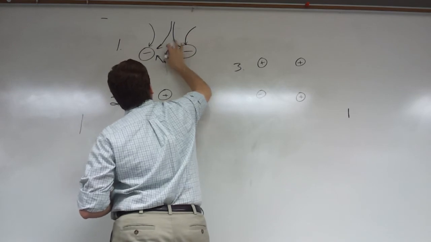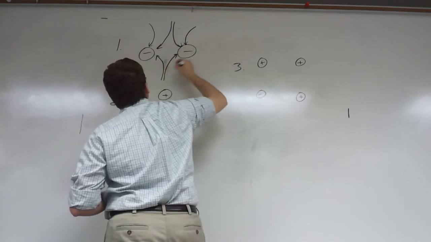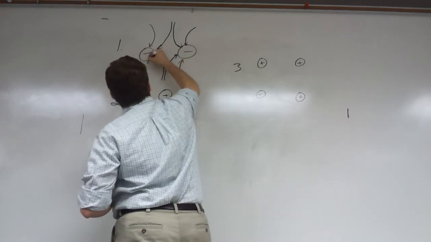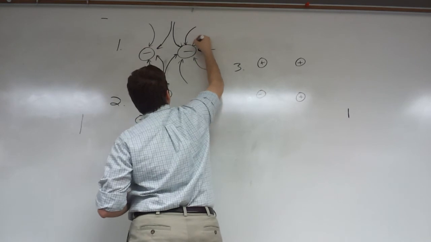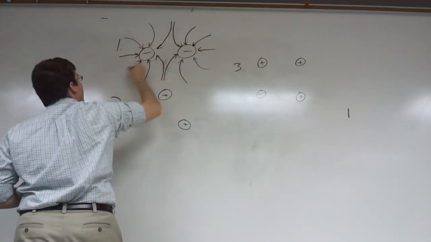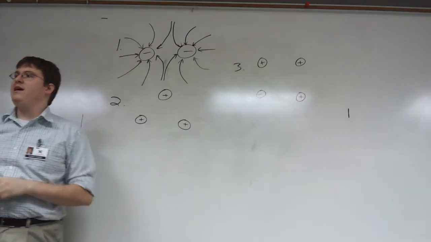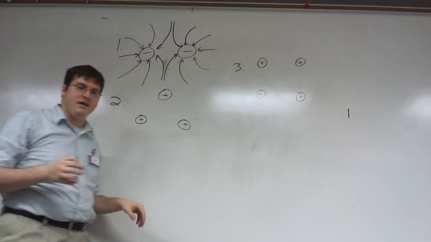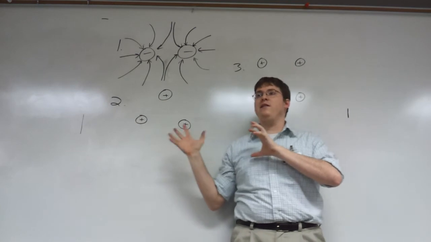Down that way, down that way, that way, that way. Okay? So your electric field lines end up forming something like that. Now I really like this picture, and the reason is you can see the repelling force.